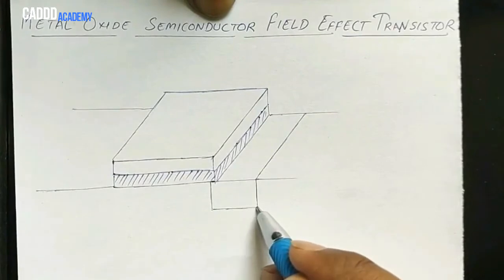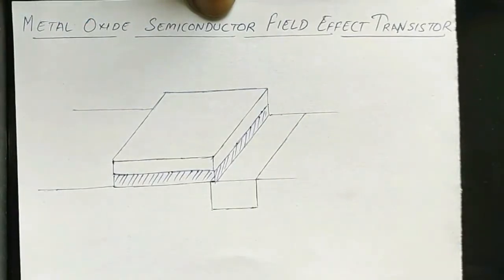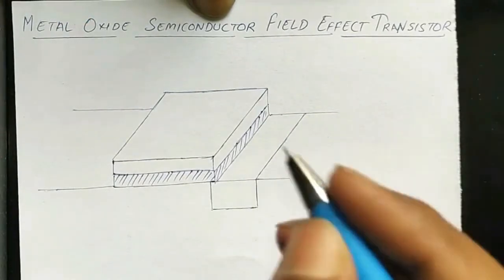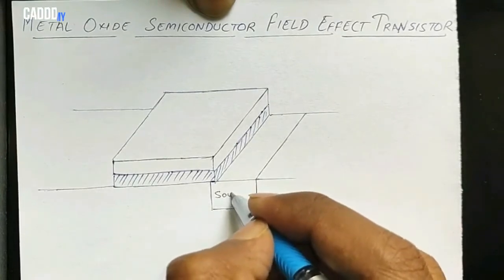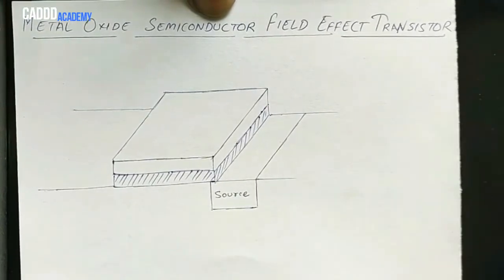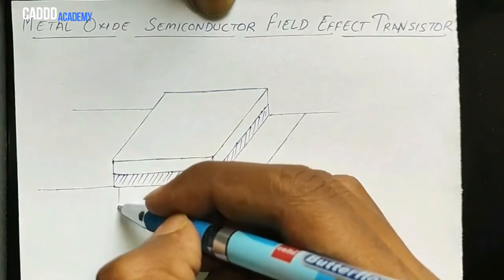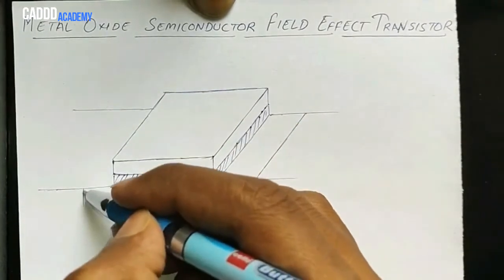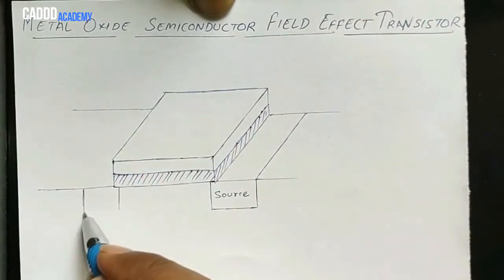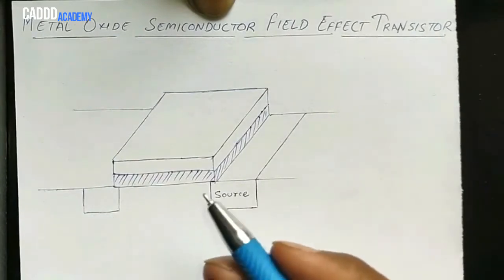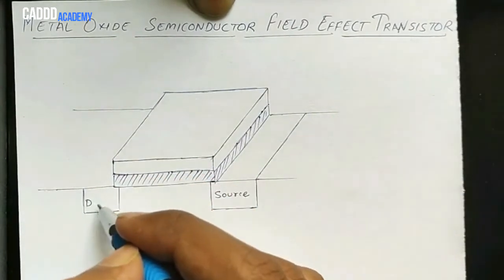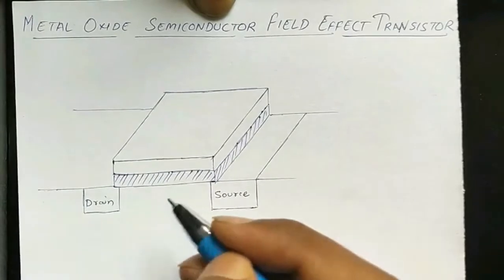This small portion is called the source, and at this side also we have the same small portion, and we will call that the drain.